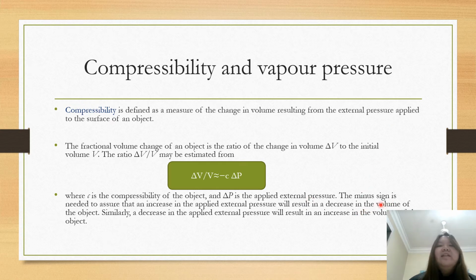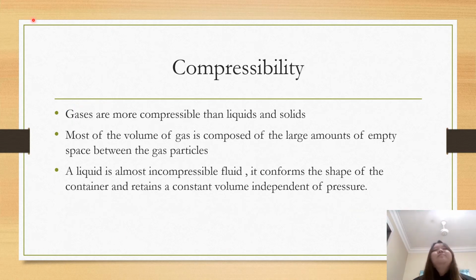The minus sign in the formula for C is needed to assure that an increase in the applied external pressure will result in a decrease in the volume of the object. Similarly, a decrease in the applied external pressure will result in an increase in the volume of the object. Actually, gases are more compressible than liquids and solids.